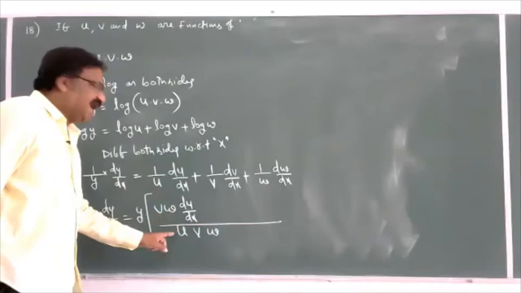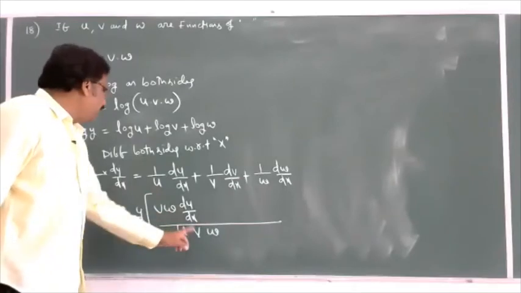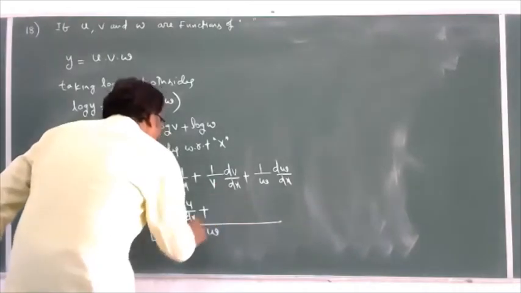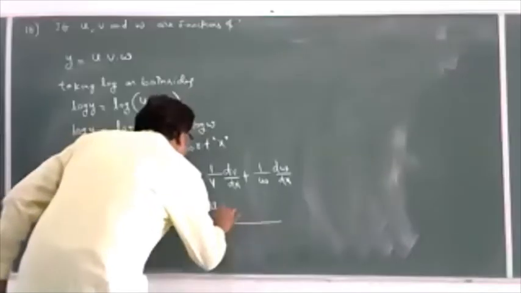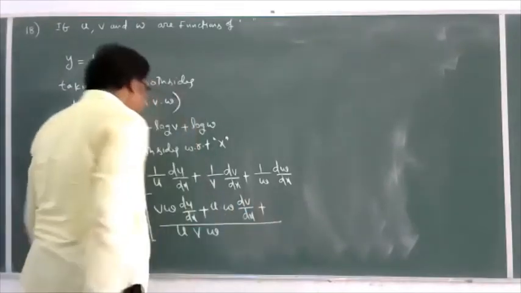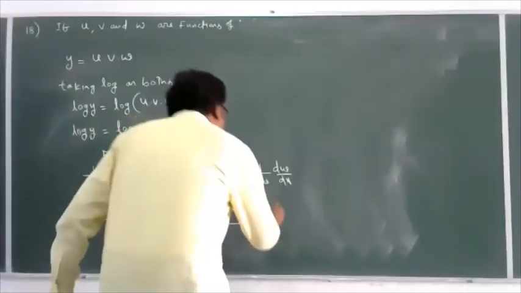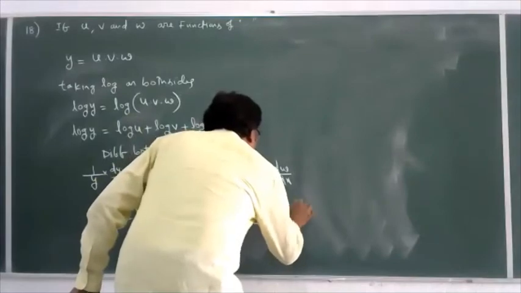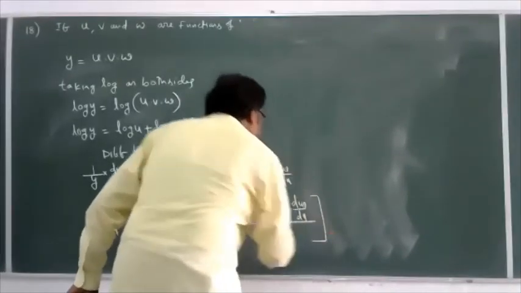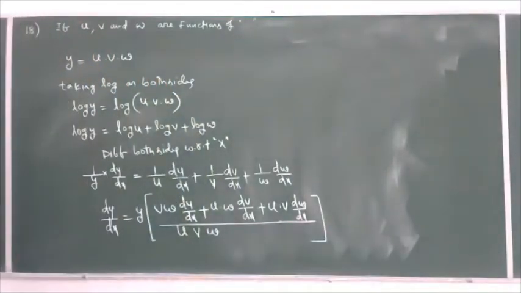So here u cancels. Then you get v into w into du by dx, plus here v cancels, u into w into dv by dx, plus w cancels, u into v into dw by dx.